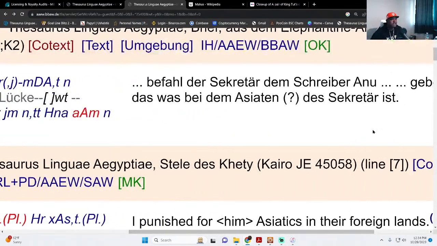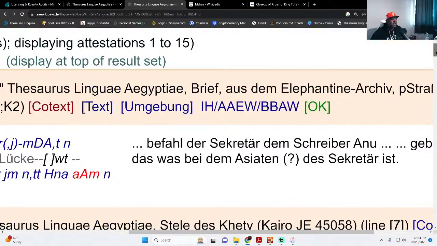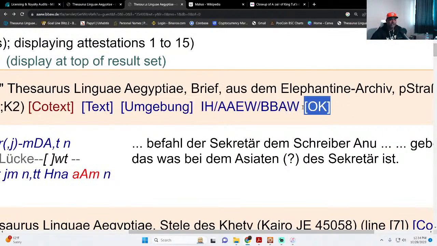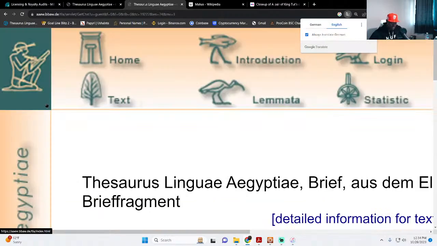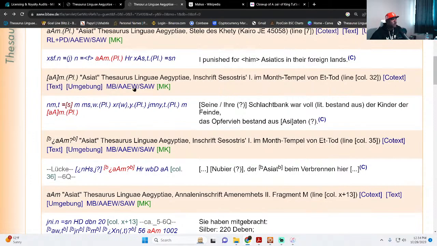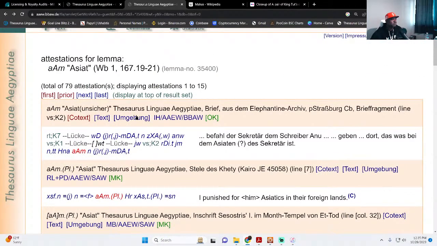And this is crazy here because the first mention, at least on this attestation, jumps from the Old Kingdom. For the mentions of A'amu, that's supposed to mean Asiatics, it jumps from one time mentioned in the Old Kingdom, and we could go see what time period that was, to the Middle Kingdom.